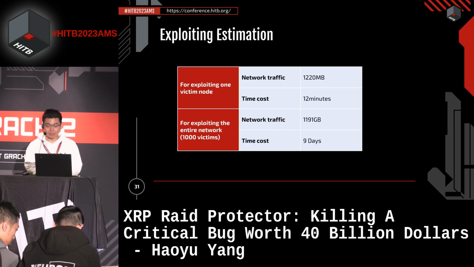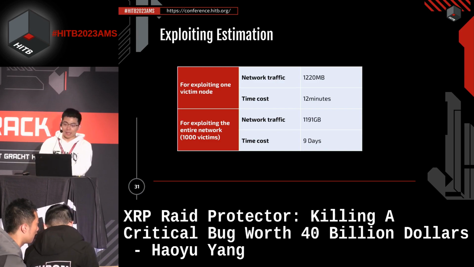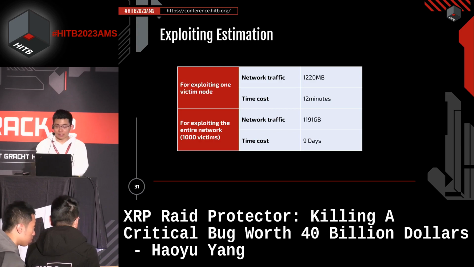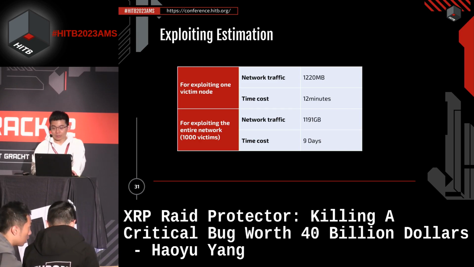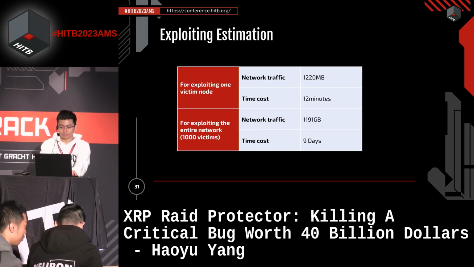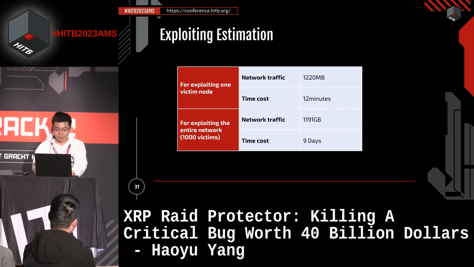I have tested the exploit under different network environments, and it turns out that an attacker could leverage this vulnerability to subvert one node server in 12 minutes with a total outgoing network traffic of about 1 GB. And if he attacked the whole XRPL network with only one machine, he would finish the attack in 9 days. Well, he could also use multiple machines to attack in parallel and speed up the process.